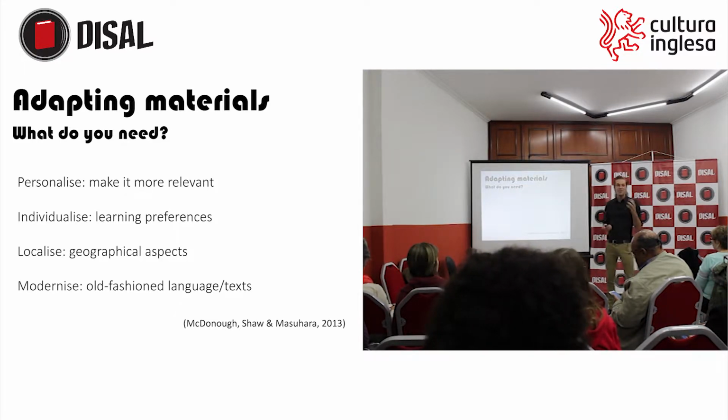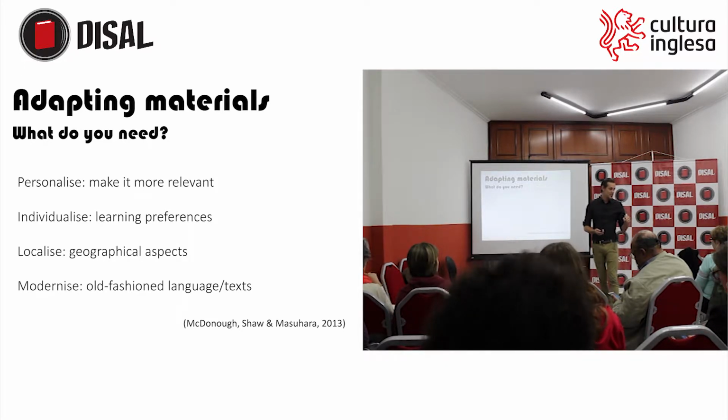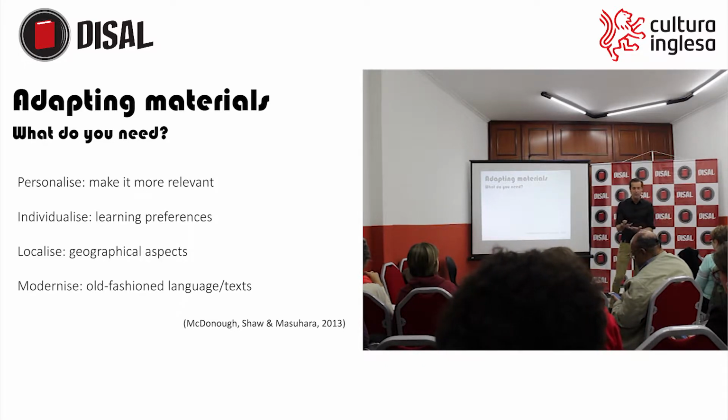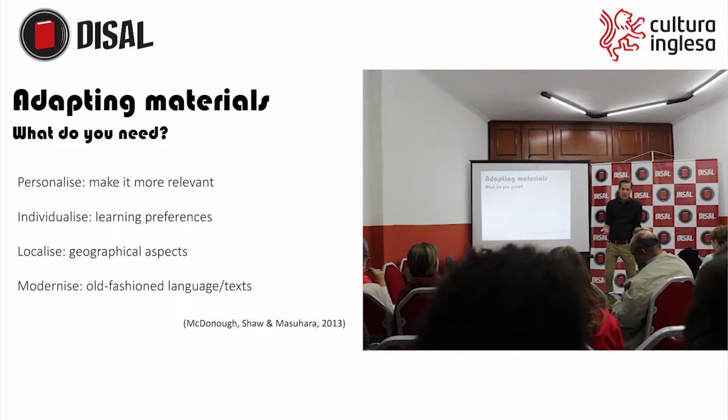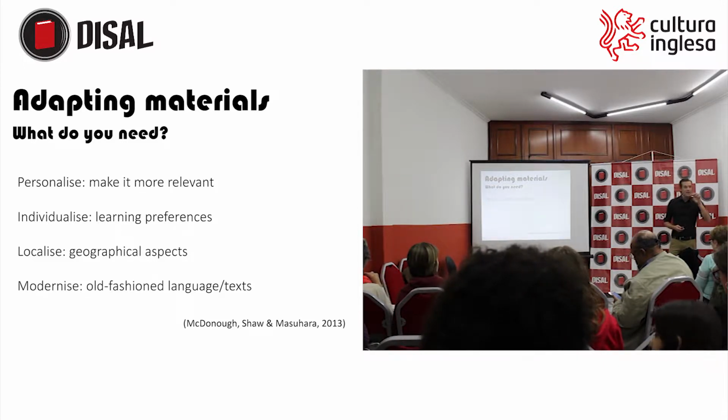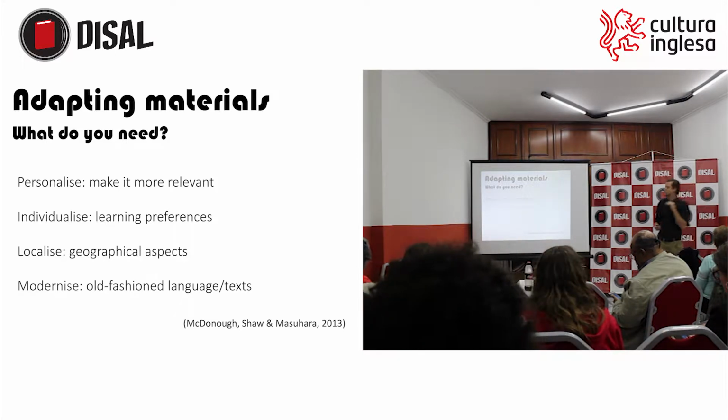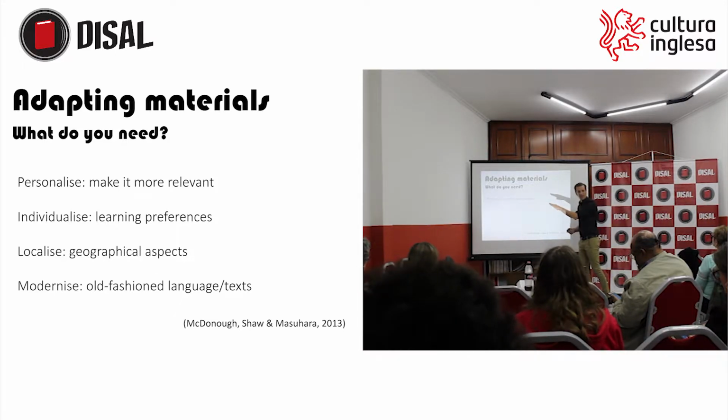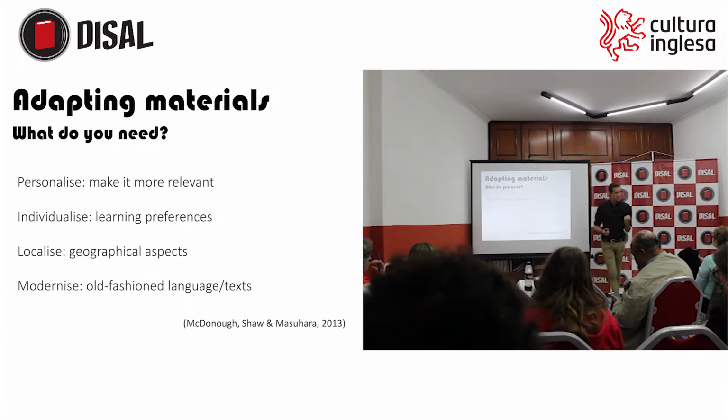Yeah, there is. We don't supplement for the sake of supplementing. We find other materials because we identify a need that the present material we're using does not help us satisfy, right? So this choice could be because we want to personalize it to make it more relevant to students.